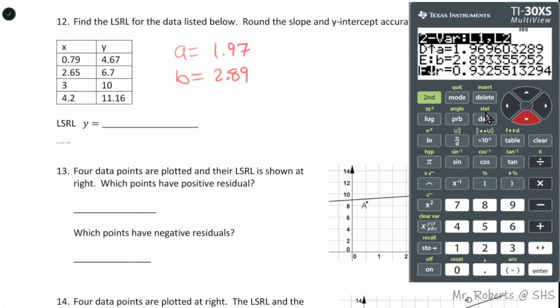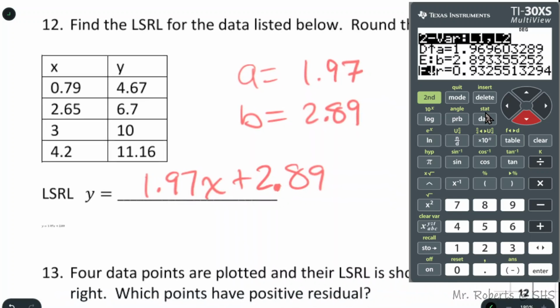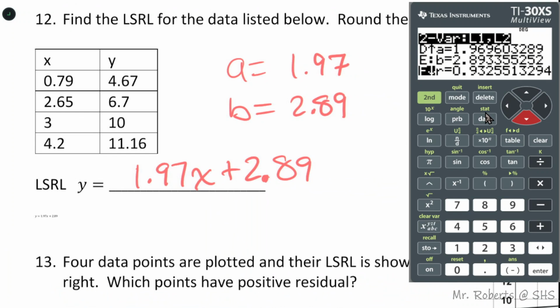So the equation of my line of best fit is y equals 1.97 times x plus 2.89. Now, one of the things we should be able to do is ask, what is the residual for this particular data point?